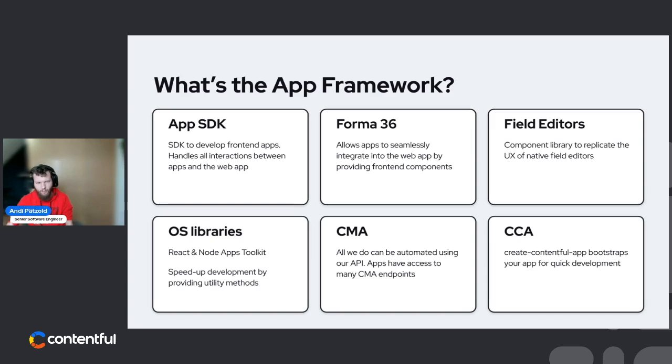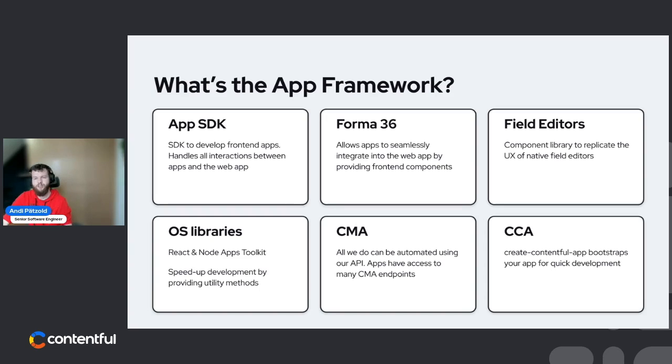Then additional libraries that we offer are several open source libraries, simplifying the process of building your app. Often it means quite a lot of boilerplate, and we took that boilerplate and put it into some packages that you can simply install. We'll get to all that during today's workshop. Then, of course, you can interact with the CMA, the Contentful Management API.